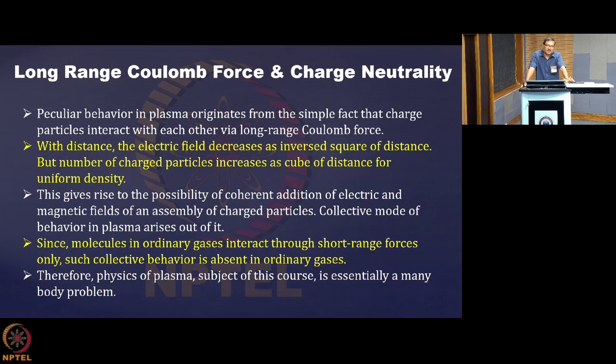So your electric field is decreasing as 1 by r square, and the charge content is increasing as r cube. So that is causing the possibility of coherent addition of electric and magnetic fields of an assembly of charged particles, and the collective behavior of the charged particles basically originates from that.